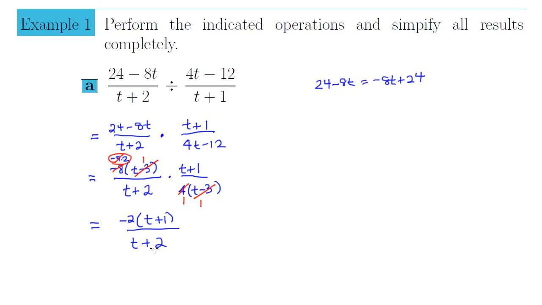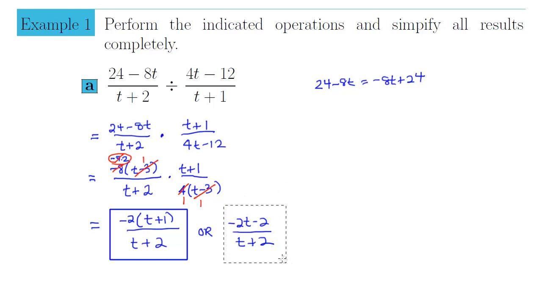T plus 2 won't cancel with t plus 1. We have simplified as far as we can go, so you can box your answer at this point. Or if you prefer, you can multiply out the numerator, negative 2t minus 2 all over t plus 2. Either answer will work. And we're finished with example 1a.